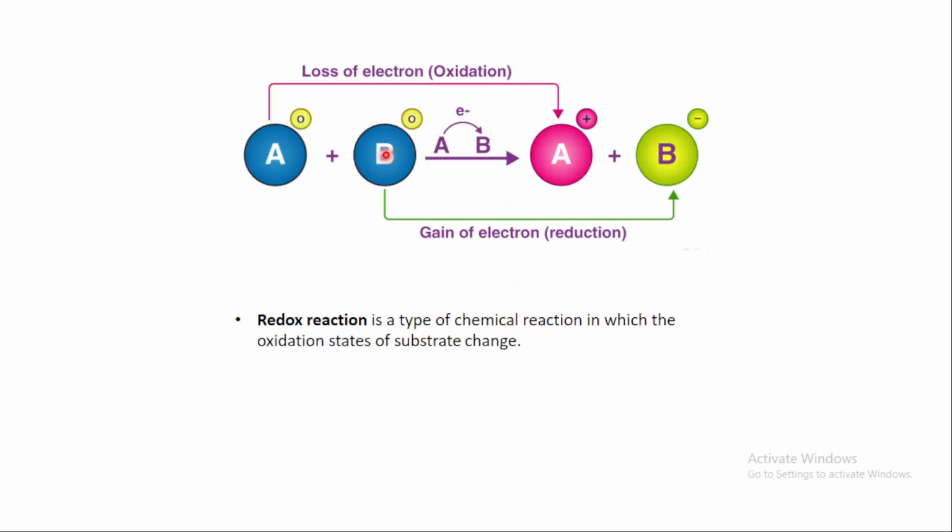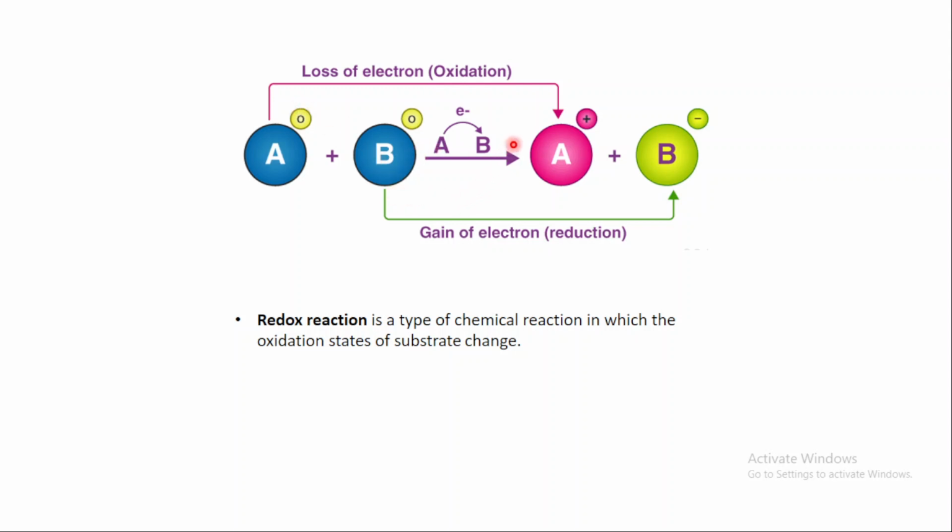Now what is a redox reaction? A redox reaction is a type of chemical reaction in which the oxidation states of substrates change. Earlier we saw the oxidation state of cerium changed from +4 to +3. So that is a redox reaction. Here is a schematic showing the general redox reaction: A plus B with neutral charges.